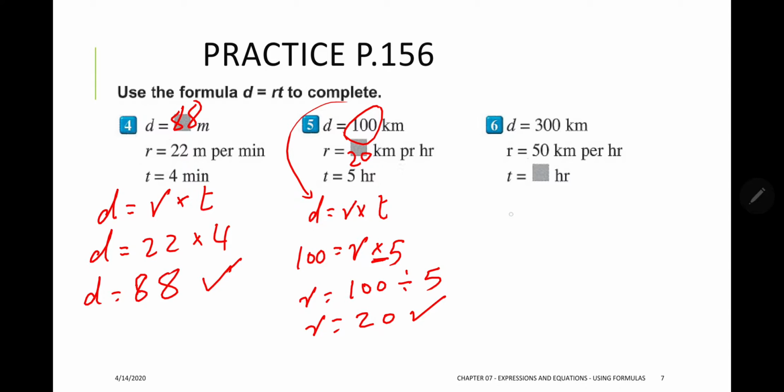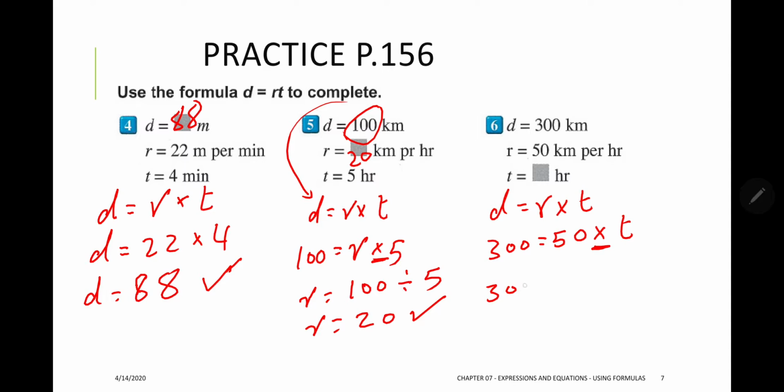The last one is the same also. Write the formula D is equal to R multiply T. Now D we have as 300, equal to R, which is 50, multiply T, since we don't have it. When you want to find T, we need to use inverse operation. We have multiply here, so change that to divide.